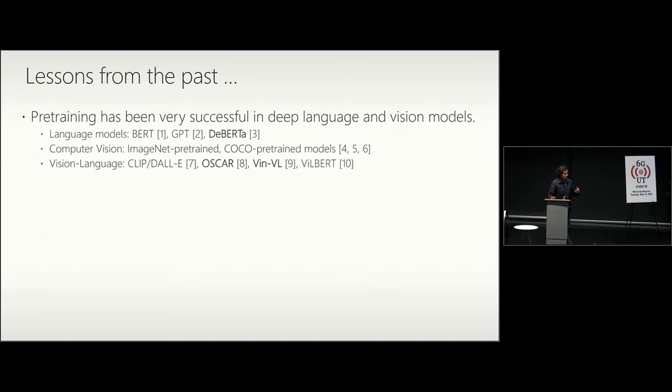So you might have heard of GPT-3 and BERT and all those things, right? In computer vision, that has also happened, and more recently, also in the multimodal computer vision space. So this has significantly changed how NLP happens, how computer vision happens.